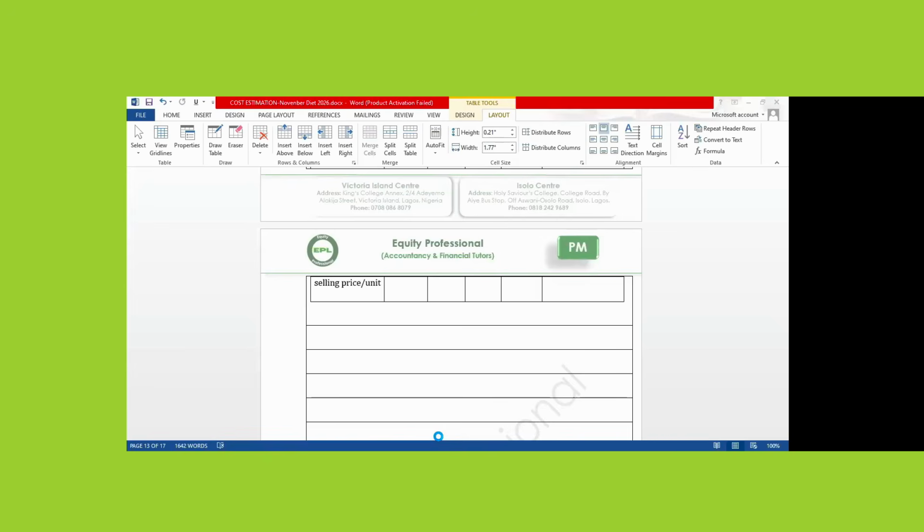We now explain that for you to estimate costs, you require knowledge of cost behavior.